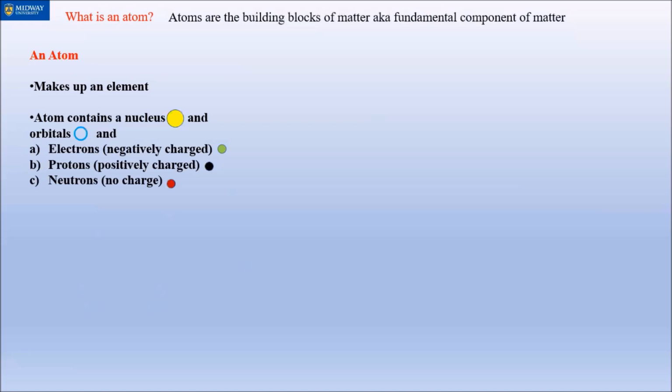An atom is made up of primarily 5 different components. One is the nucleus, it's yellow, orbitals that are blue in color, electrons. Now keep in mind, from now on, electrons are negatively charged, protons are positively charged, and neutrons don't have a charge. So that's what I meant by 5 components.